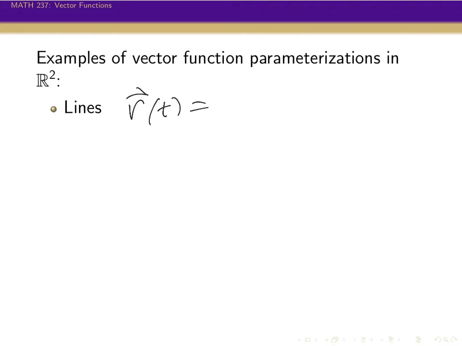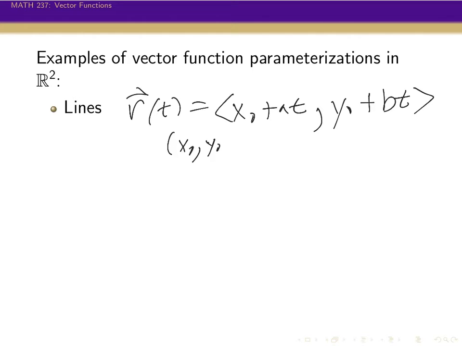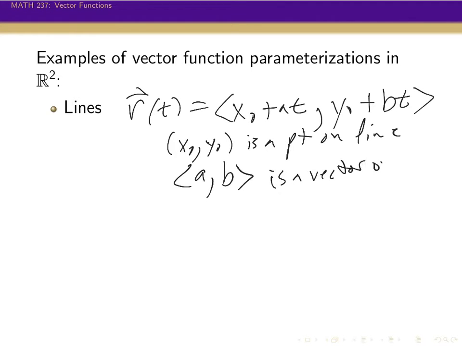The equation for the line is going to look like x naught plus a times t, y naught plus b times t, where x naught, y naught is a point on the line, and the vector a, b is a vector on the line. Then this r of t is going to draw out this line.